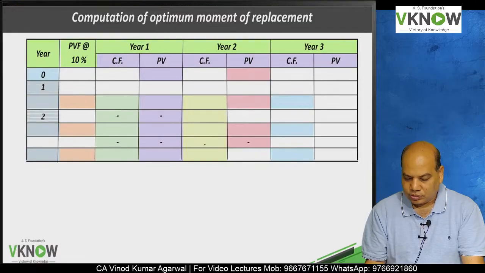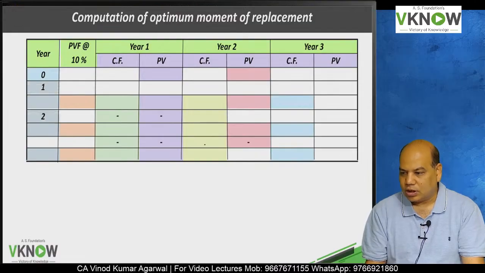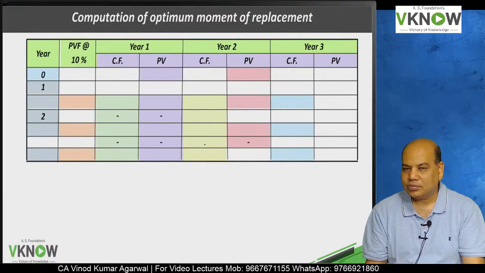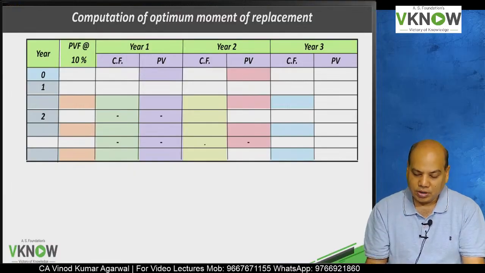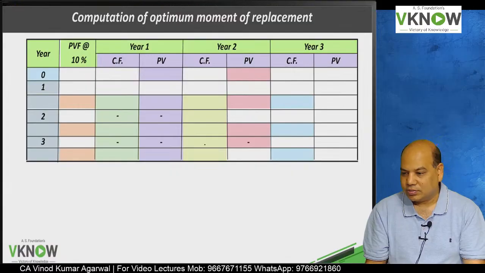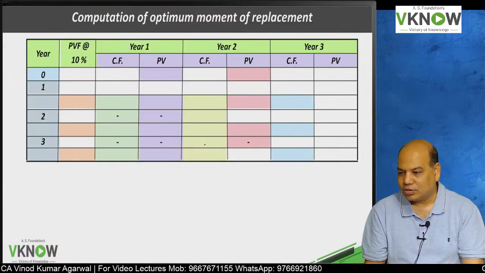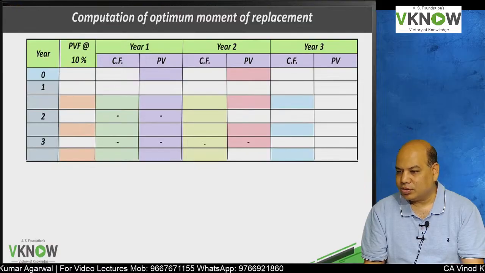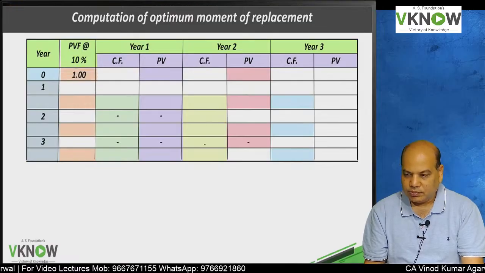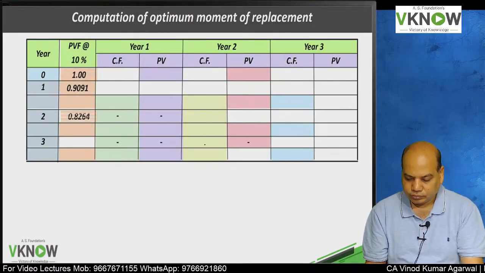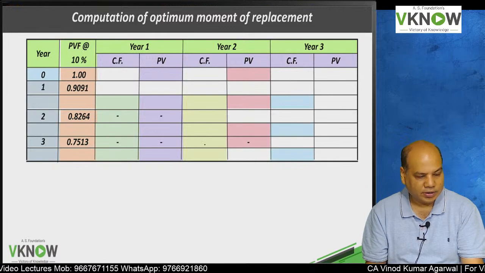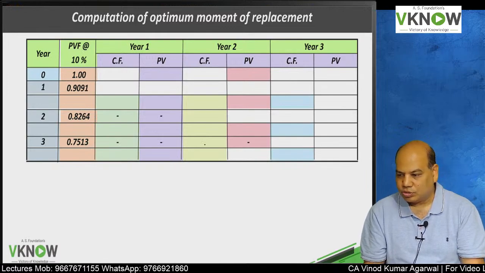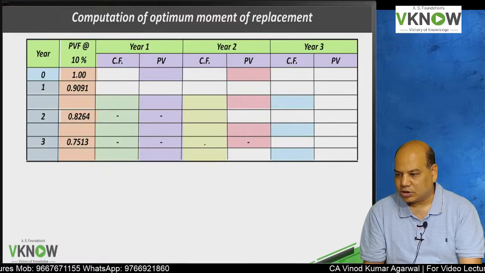In year 0, one line, year 1 2 lines blank, keep a gap of 2 lines, then write down year 3, because I need to write some working also in the next line. So keep 2 lines blank between 2 years, year 0 1 2 3. PV factor write down at 10%. PV factor you are going to multiply with the cash flow.